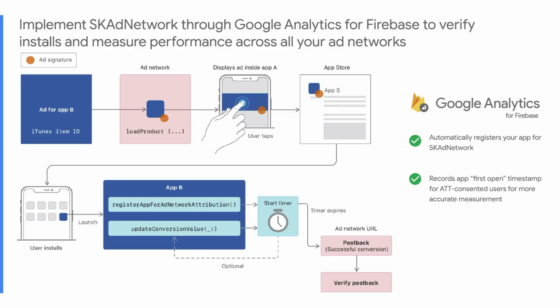This will automatically register your apps for SKAdNetwork attribution, and if you're showing ATT, it will also help you measure first open conversions for consented users. Alternatively, you can use another SDK that supports SKAdNetwork or implement Apple's SKAdNetwork API yourself.